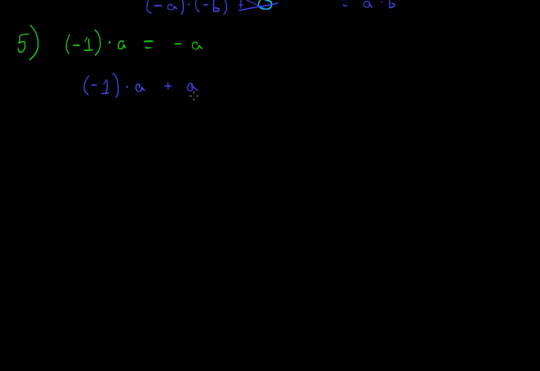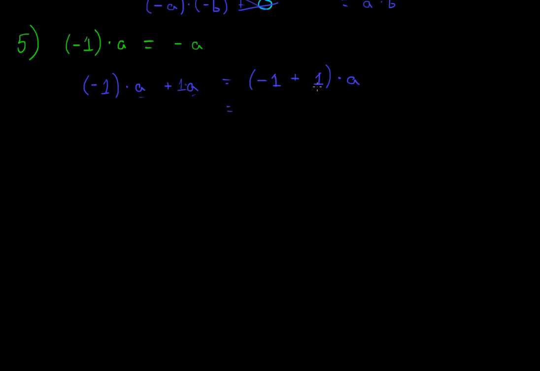And again, we're just going to start with this and see where it takes us. Well, we have an a on the right on both sides of this. You could think of this as a 1 right here, multiplied by that. So we can just factor this a out. So this is negative 1 plus 1 times a.